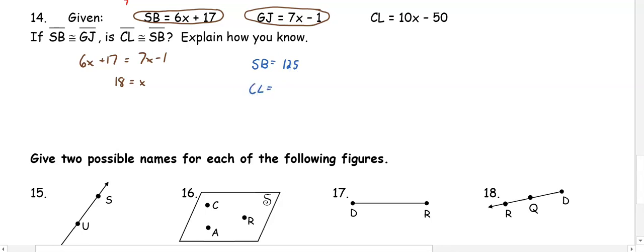When we substitute in CL, 10 times 18 minus 50 is 130. So in this case, they have different lengths, so they are not congruent. So no, SB is not congruent to CL because the segments do not have the same length.